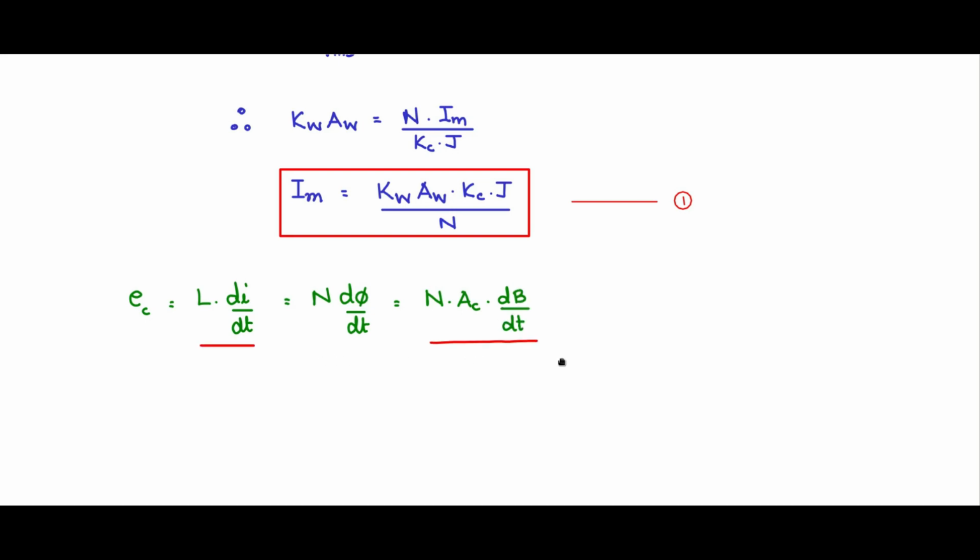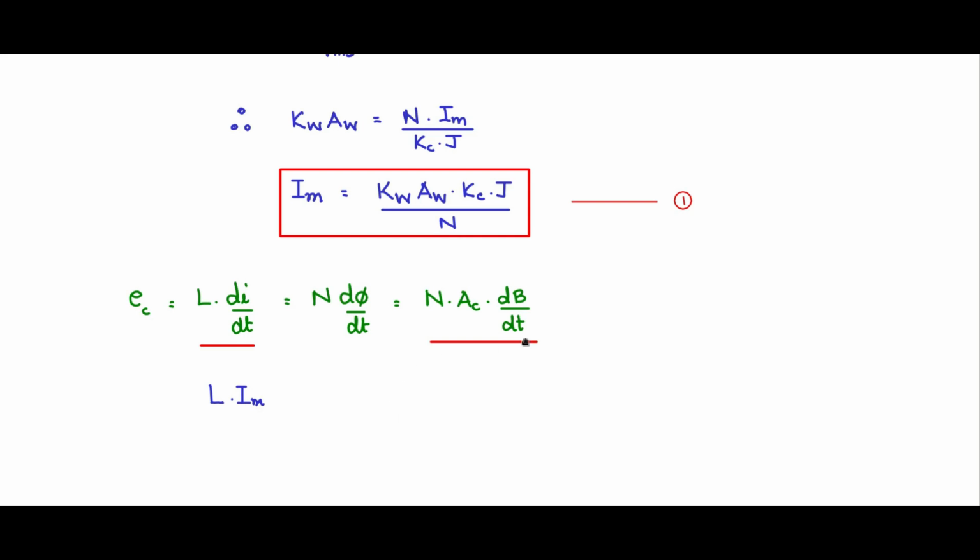Consider these two. If the voltage is constant, the rate of rise of the current is linear. Therefore, the rate of rise of the flux density should also be linear. In a given time, let us say the current rises from 0 to Im, giving L Im.